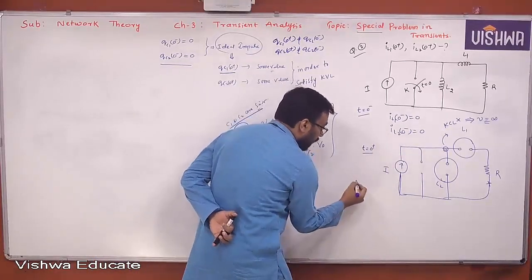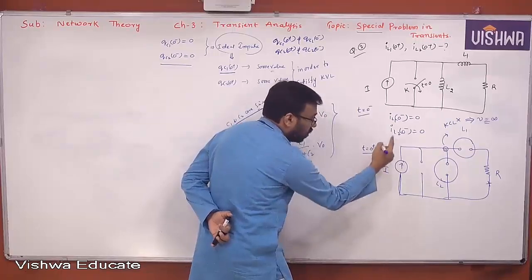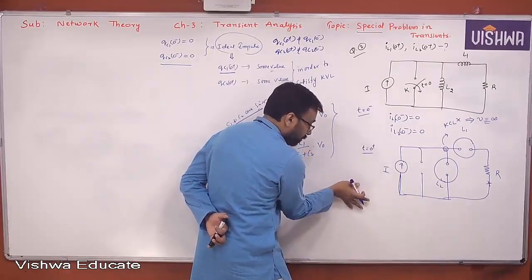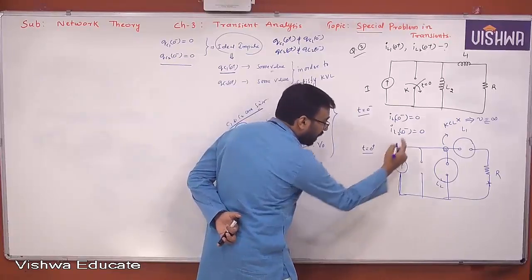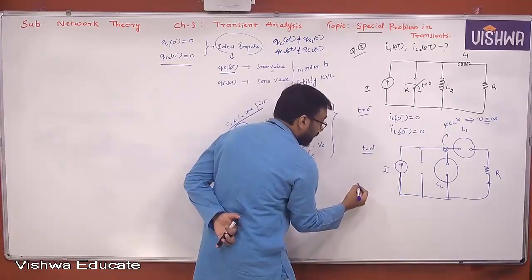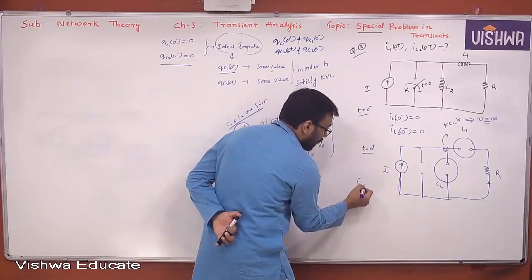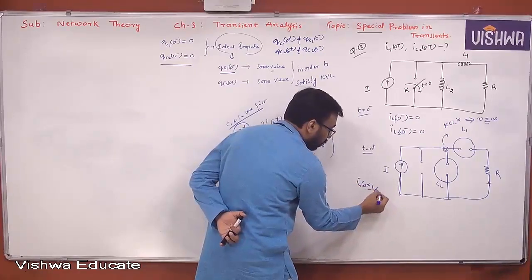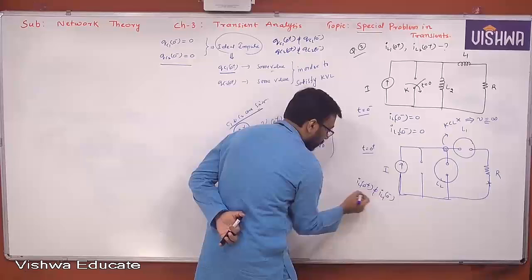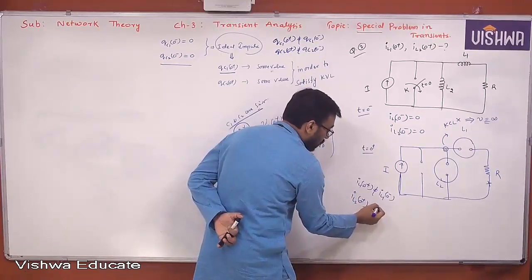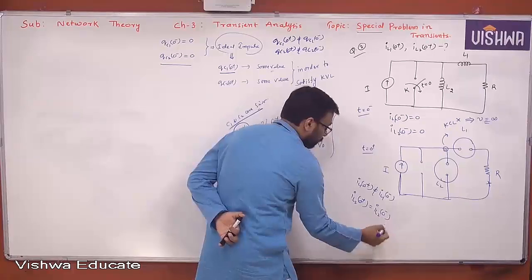Therefore, look at this now. KCL is violated. When KCL is violated, as a result, you get IL1 of 0 plus is not equal to IL1 of 0 minus, and IL2 of 0 plus is not equal to IL2 of 0 minus. Clear all of you?